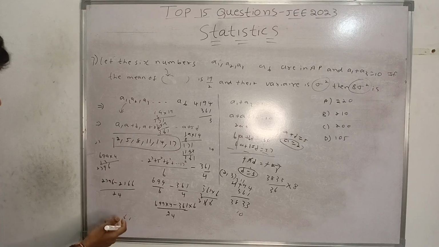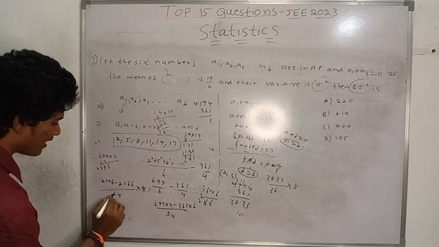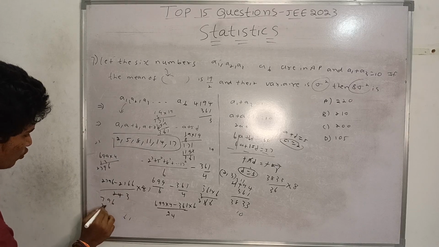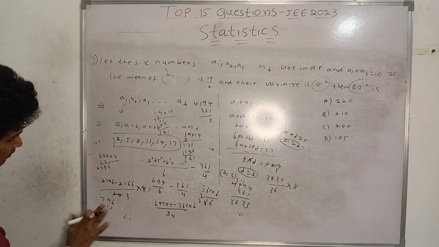And this is the sigma square, and we have to multiply by 8 to get the answer. What is the difference here? 2796 minus 2166.